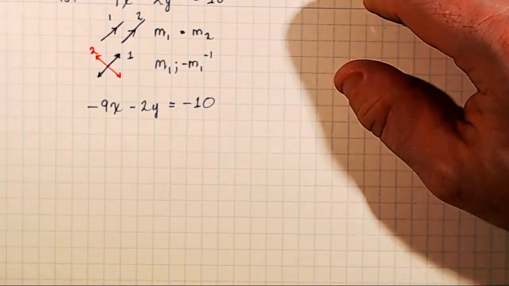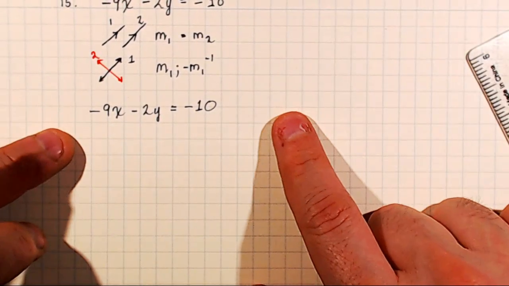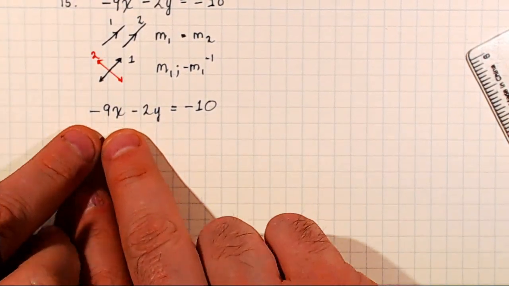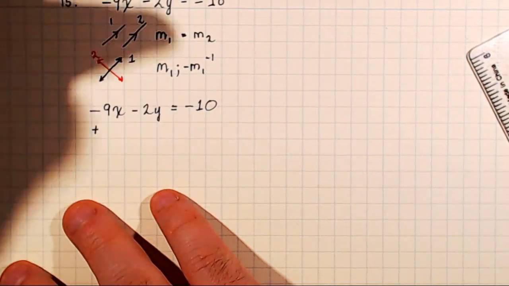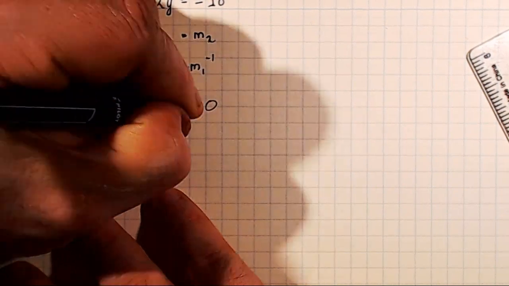All right, so we'll solve this now. This is in standard form, and we need to get it into slope-intercept form. Okay, so I'm focused in on negative 9x. I'll add negative 9x, or rather I'll add 9x. I'll do the opposite sign. I'll add 9x to both sides.